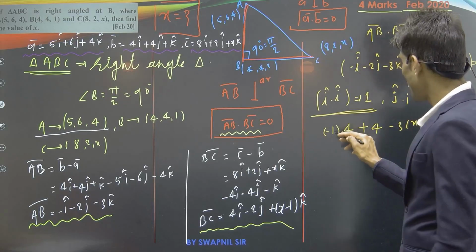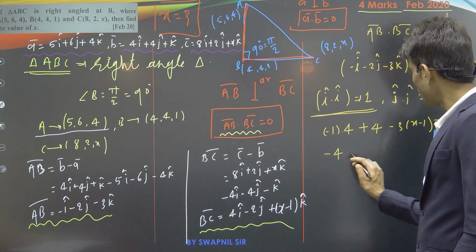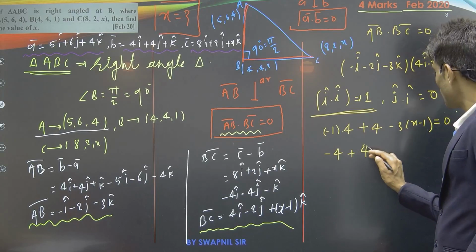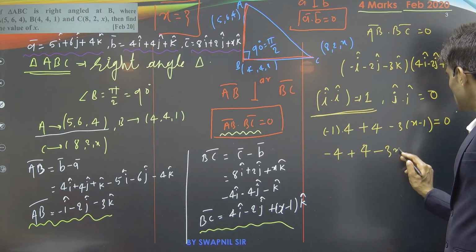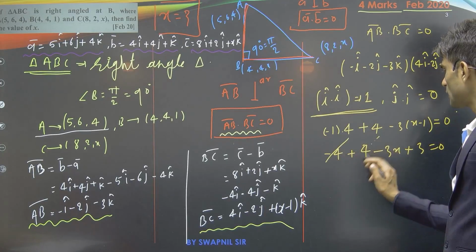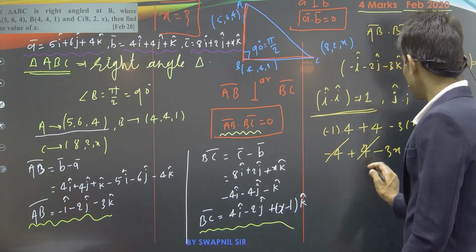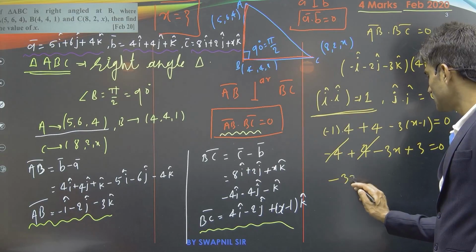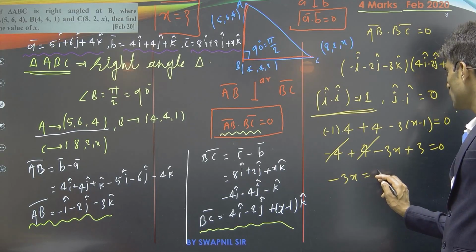That means I have negative 4 plus 4 minus 3x plus 3 equal to 0. Negative 4 and positive 4 cancel, so we get negative 3x plus 3 equal to 0.